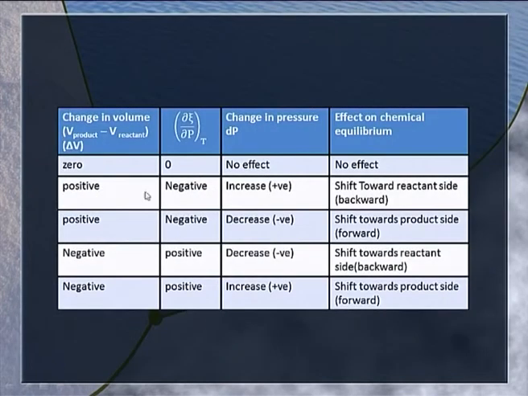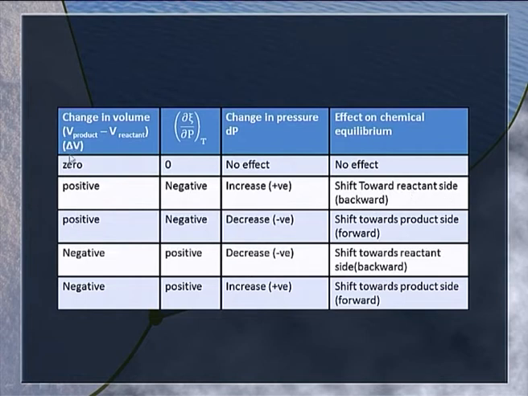So, this can be plotted. If the volumes of the reactant and product are almost the same, there is no change, ΔV is 0. So, we do not expect any change in the equilibrium, that is seen in the first line. For all these terms there is no effect. If the volume change is positive, because it contains a negative sign, it has to be negative, and if the pressure increases, the shift is backward toward the reactant side.